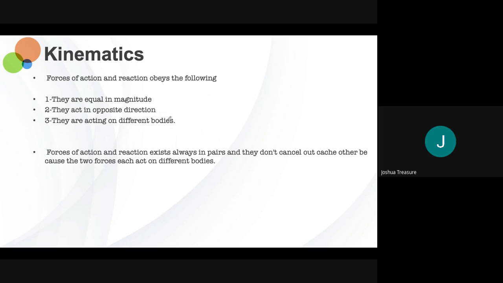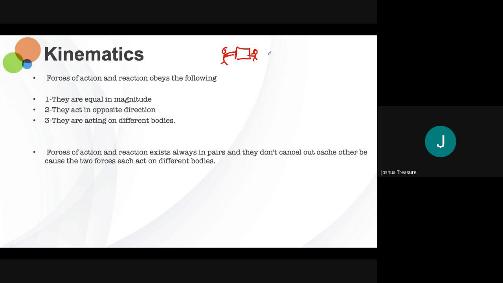Right. So I'm saying if it was a case where you had one body and you had one man here, and then another guy here, and they exerted the same amount of force, then they would cancel with each other because they're acting on the same body.